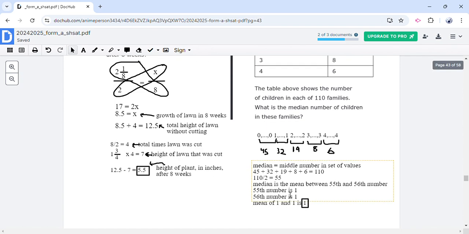So the 55th number is 1, since you have 45 numbers for 0, and then you have 32 numbers for 1. The 55th number is 1, and the 56th number is also 1, and the mean of 1 and 1 is 1. So the median number of children in these families is 1.